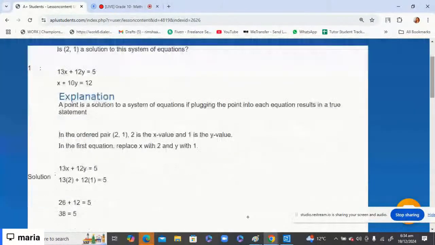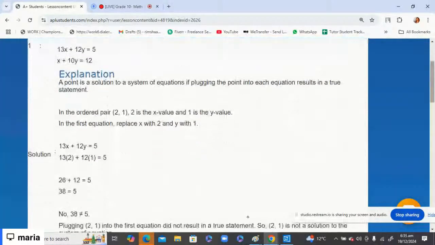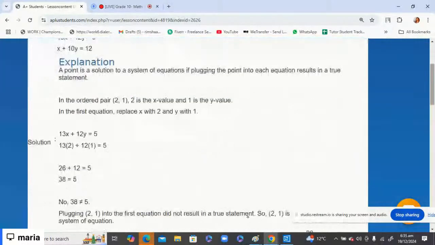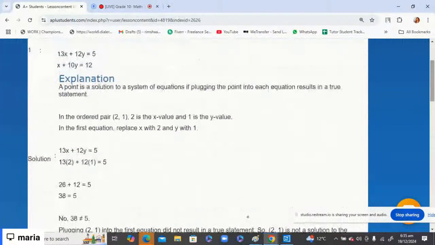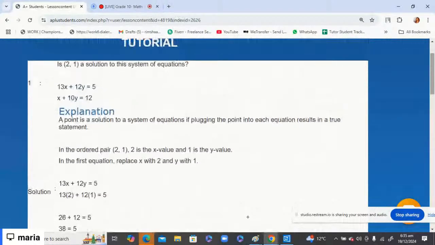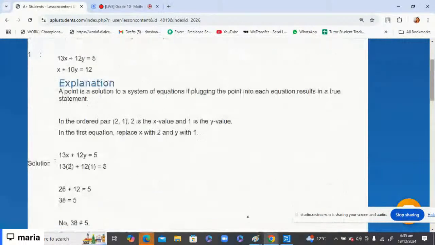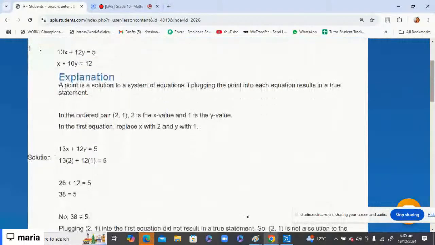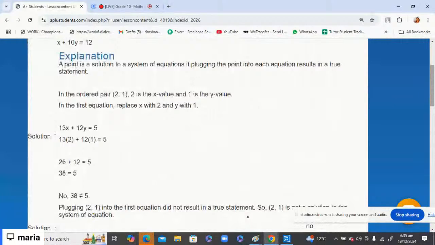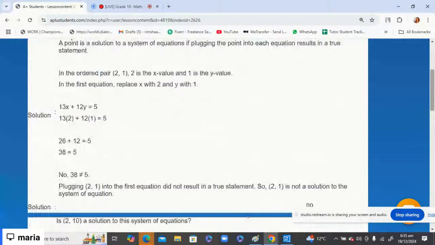We put them in the first equation, then check in the second equation. In the ordered pair (2, 1), 2 is the x value and 1 is the y value. Plugging 2 and 1 into the first equation did not result in a true statement, so it's not a solution of this system of equations.